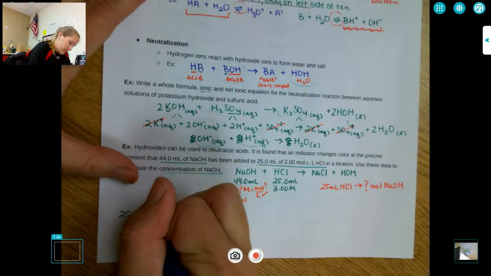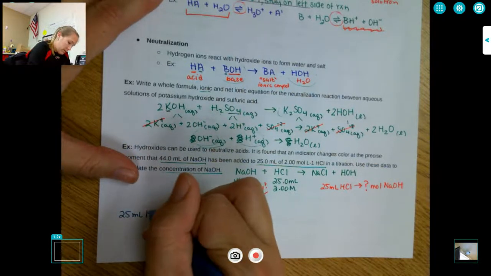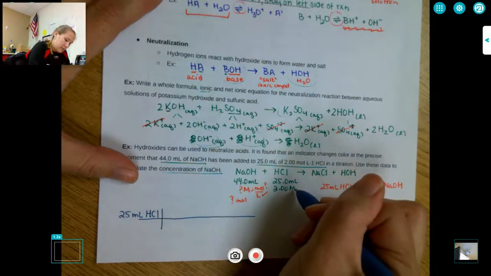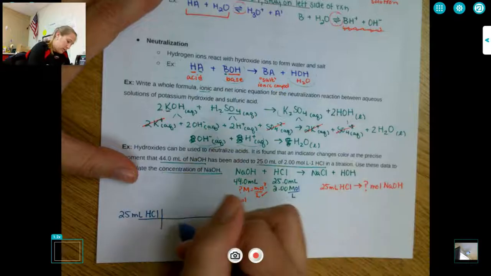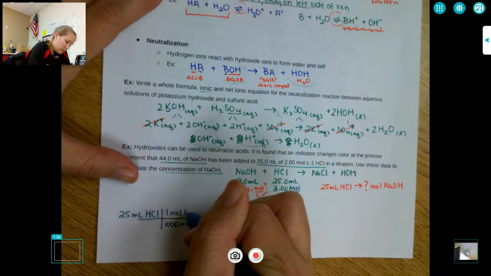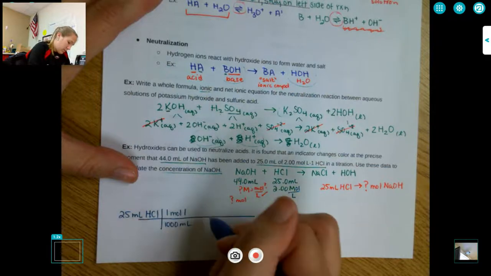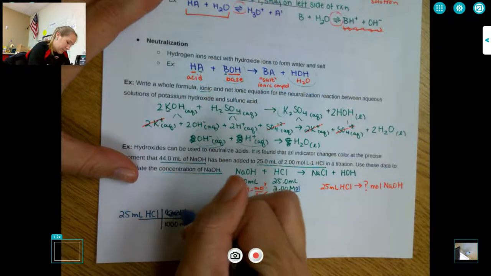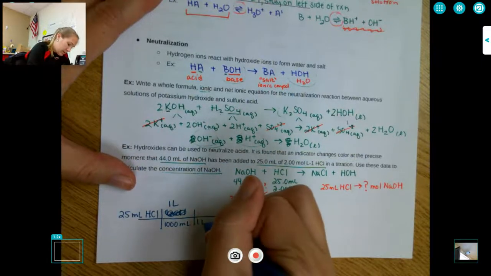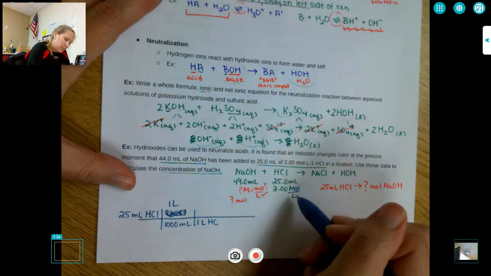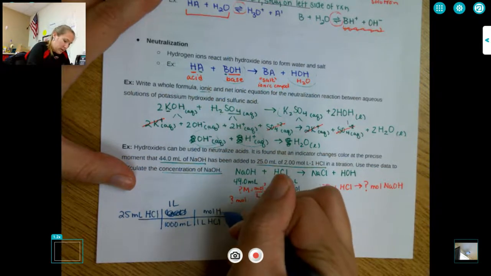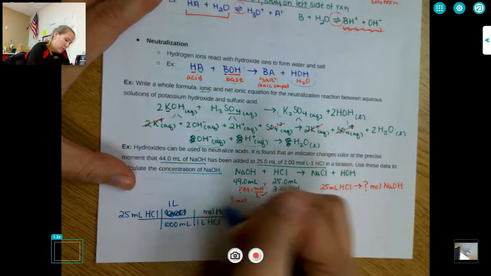So 25 milliliters HCl. From milliliters, we're going to convert to liters because we've got molarity, right? This is moles per liter. So 1,000 milliliters for 1 liter. Now, 1 liter of HCl and our moles, we want to get to moles of HCl, and I have 0.2 moles of HCl per 1 liter.